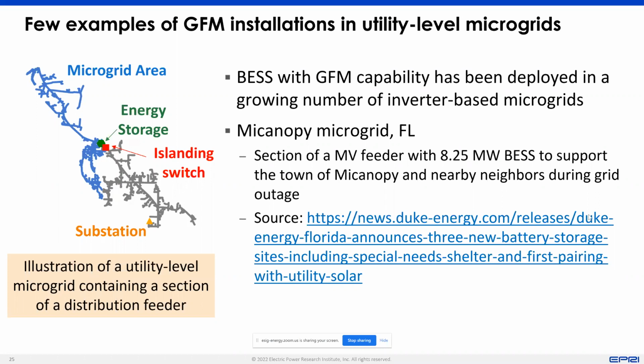Instead of forming the microgrid as the entire feeder, it has an islanding switch somewhere in the middle of that medium voltage feeder. When there's a grid outage, it opens that islanding switch, and then the energy storage will support the microgrid operation of the remaining part of the feeder.